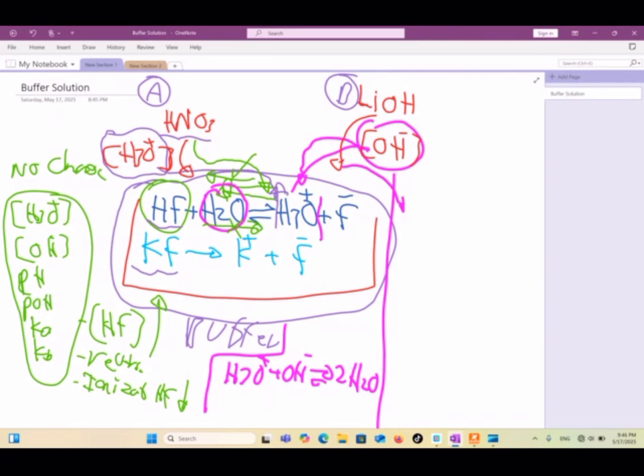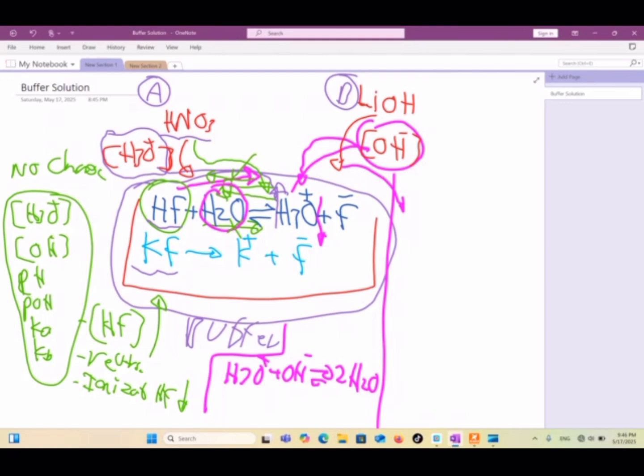In this case, the hydronium concentration initially reduces. Therefore, in order to compensate for the loss of hydronium, the reaction shifts toward the product, and then there will not be any change in the hydronium in total. Why?